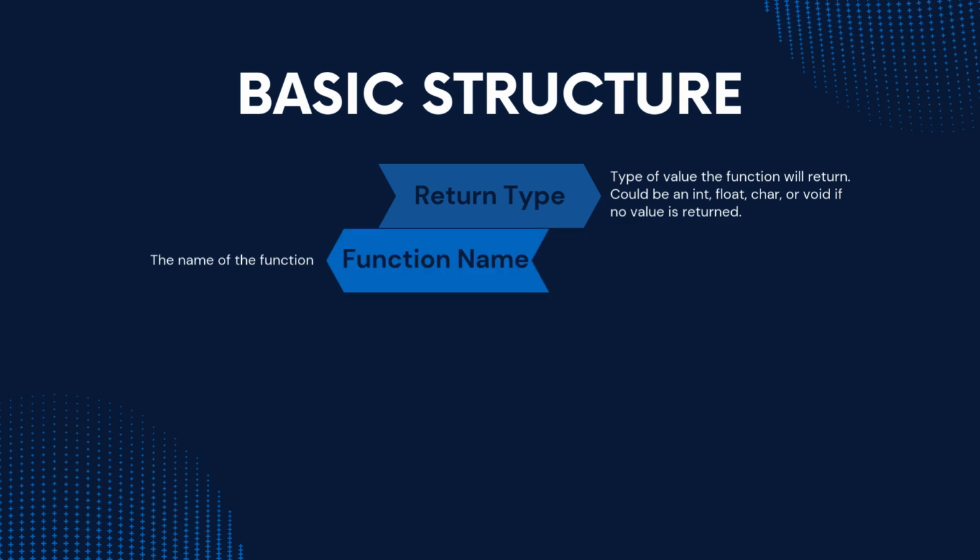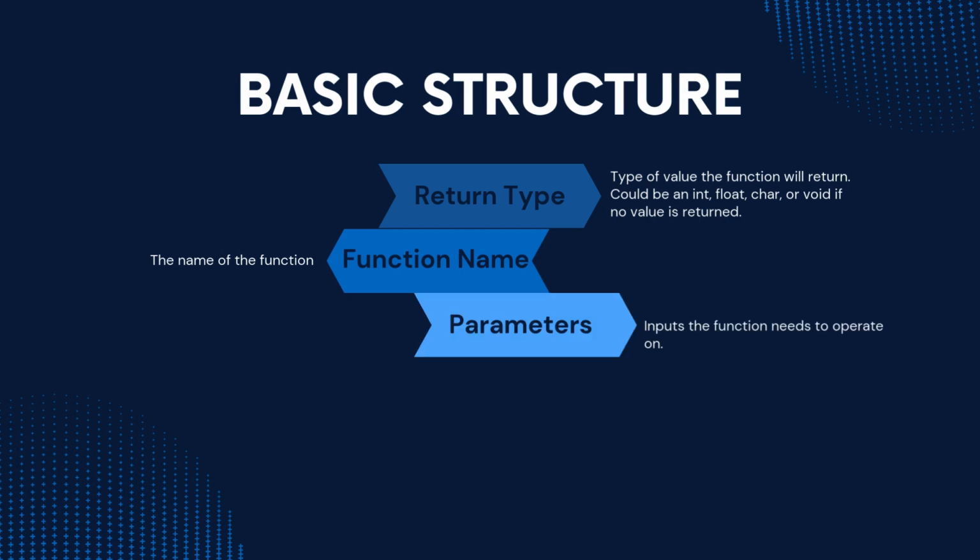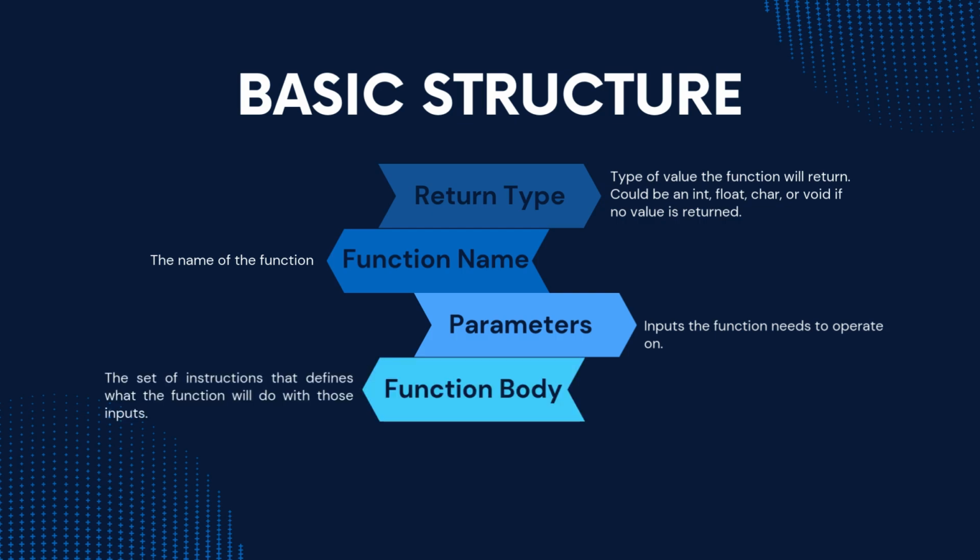The name of the function, like order food or calculate bill. Parameters. These are the inputs the function needs to operate on. Think of them as the ingredients or items that are part of your order. Body of the function. The set of instructions that defines what the function will do with these inputs.